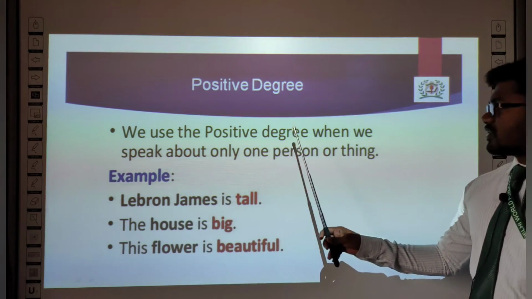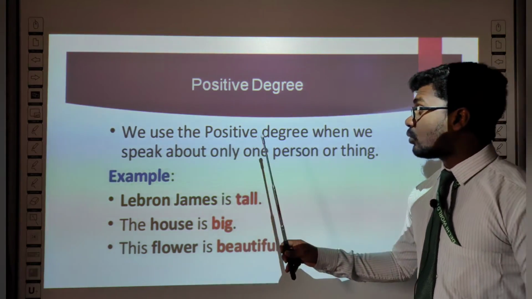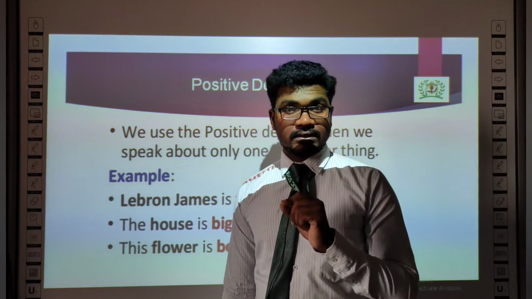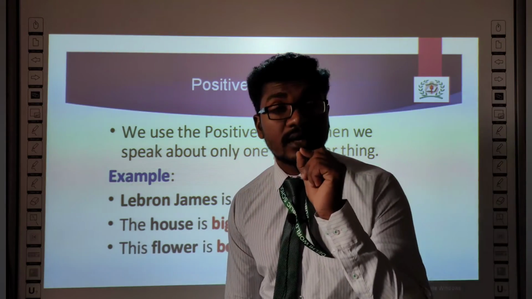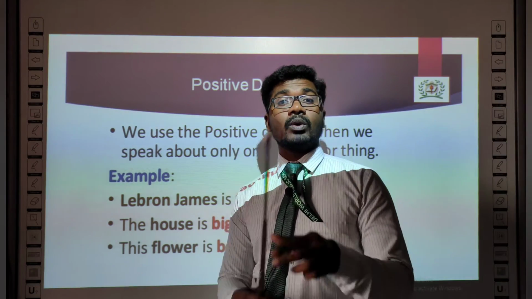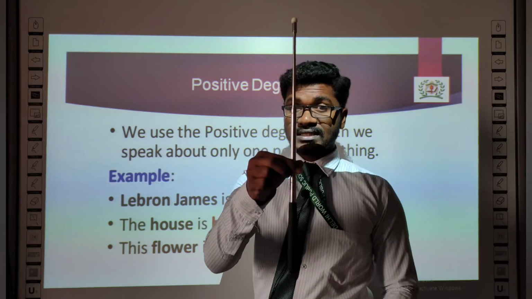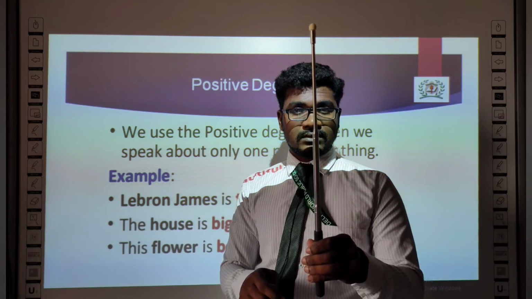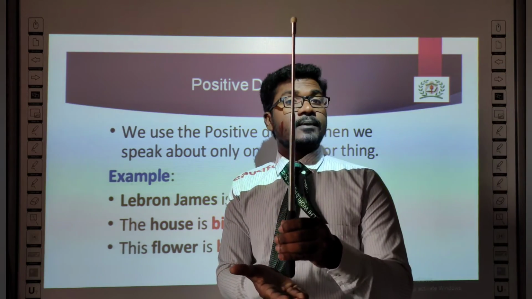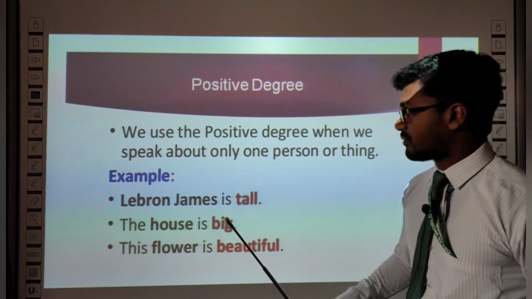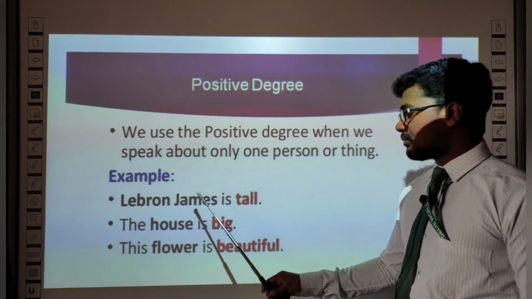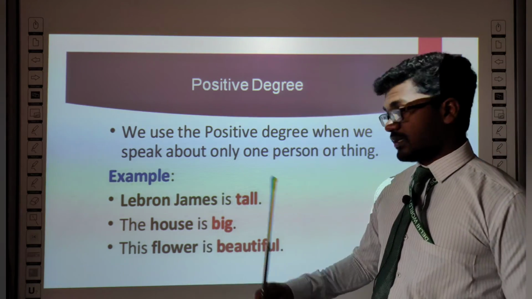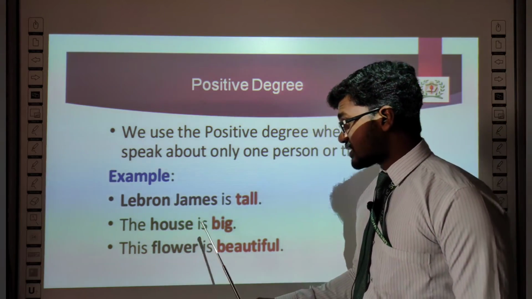We use the positive degree when we speak about only one person or one thing. We are not comparing. Listen carefully. Only one thing is there. Only one stick is there. There is no other stick except this. So it will have the base form of the adjective. Example: LeBron James is tall. Only one person. The house is big.